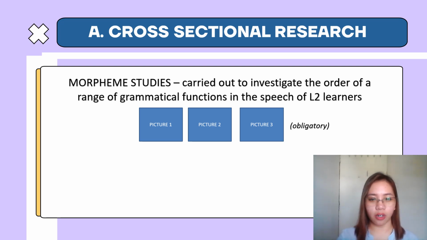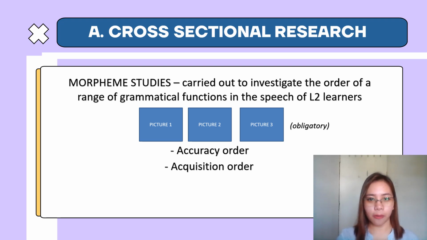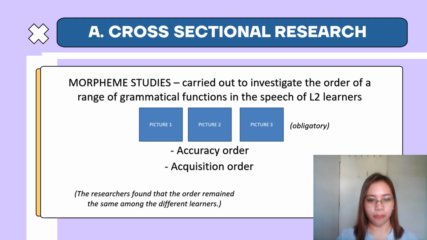From here, an accuracy order was established by the researchers depending on how accurately an item was used, and the accuracy order was translated to acquisition order. The more accurately an item was used, the earlier it was acquired. The researchers found that the order remained the same among the different learners.